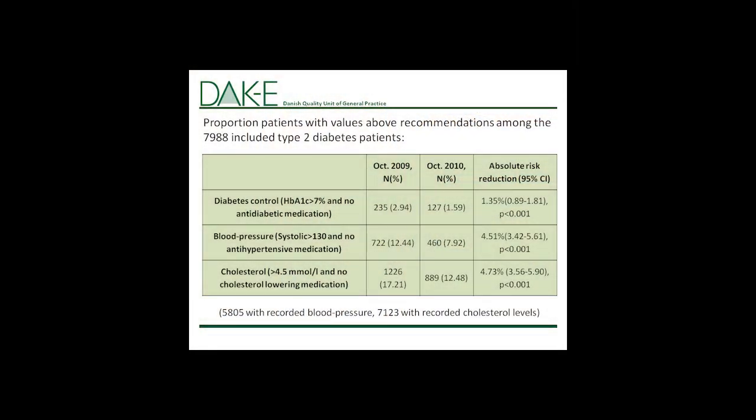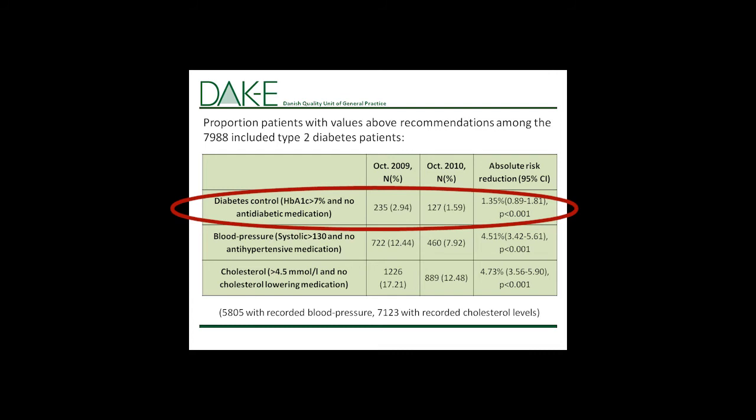So, the proportion of patients with values above recommendations among the almost 8,000 included type 2 diabetes patients: we looked at the benchmark and how it moved in this 1 year. First, diabetes control: the proportion of diabetes patients who had a hemoglobin A1C above 7% but were not on any anti-diabetic treatment.